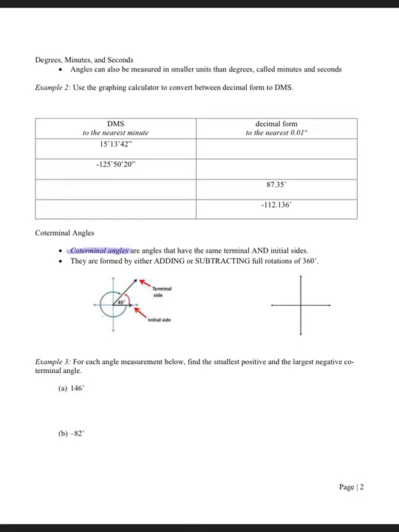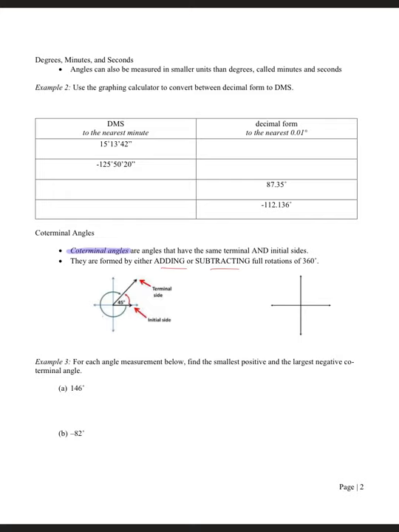These are going to be angles that have the same terminal and initial sides, meaning you might have a negative angle and a positive angle that have the same initial and terminal sides, just depending on which way you draw the directional arrow. These are formed by either adding or subtracting full rotations of 360.